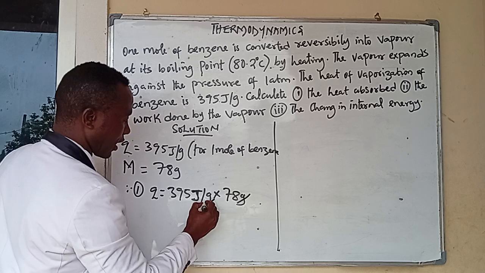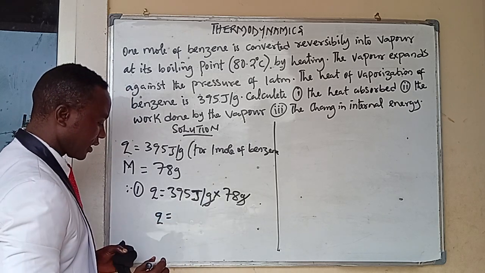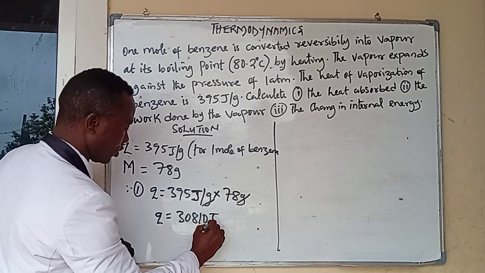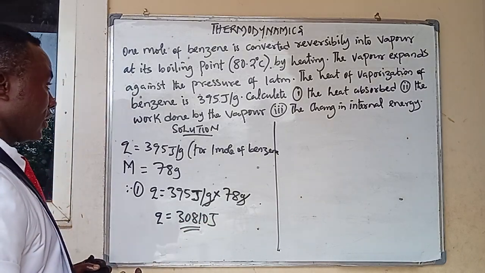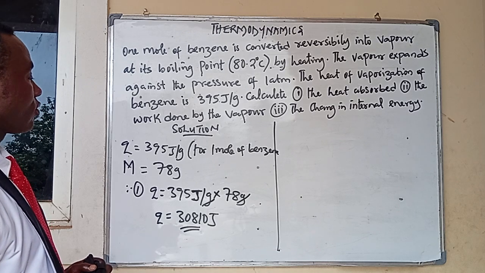You see that this gram will cancel this gram, so that the quantity of heat that is liberated is 30810 joules of heat, to turn this benzene to vapor.